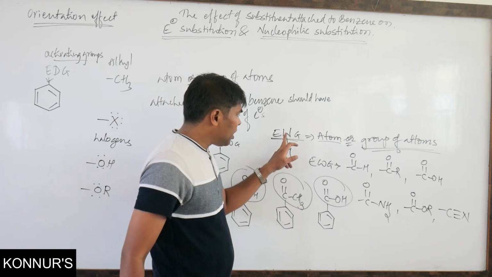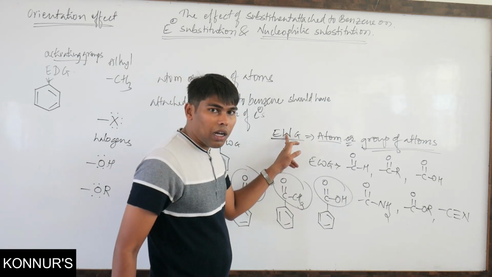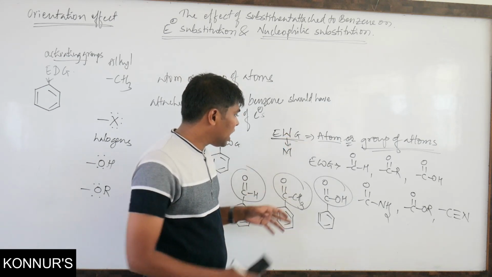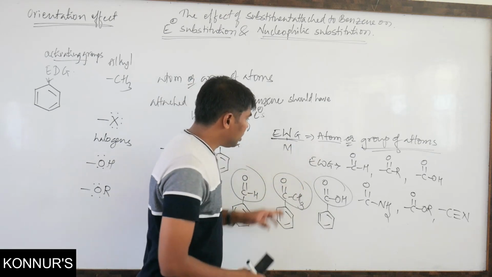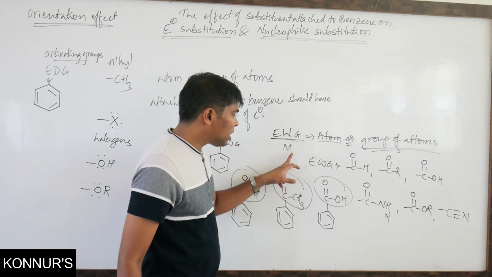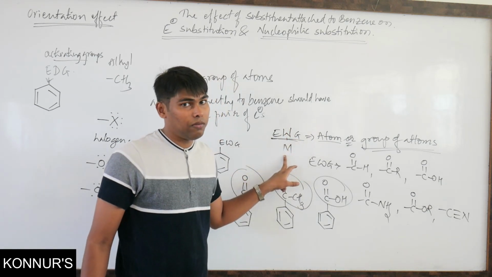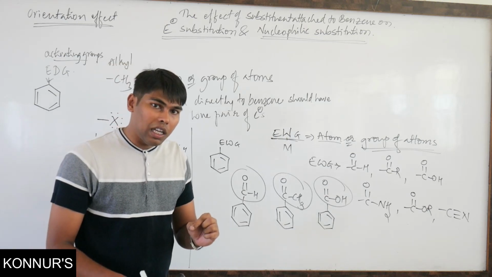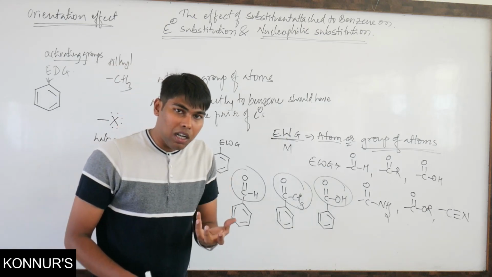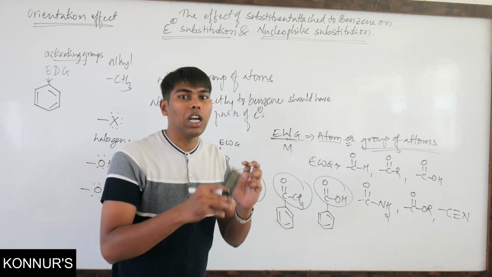You remember the point? If you flip this W in opposite, like if you have the mirror image of this, you will get the M. So electron withdrawing groups are multiple bonded groups. The carbon directly attached to the benzene should contain the multiple bond.